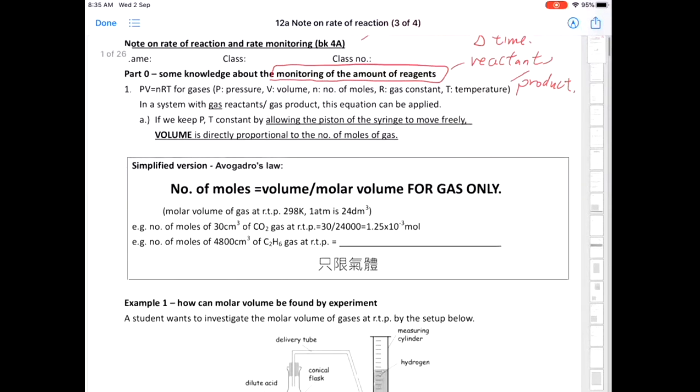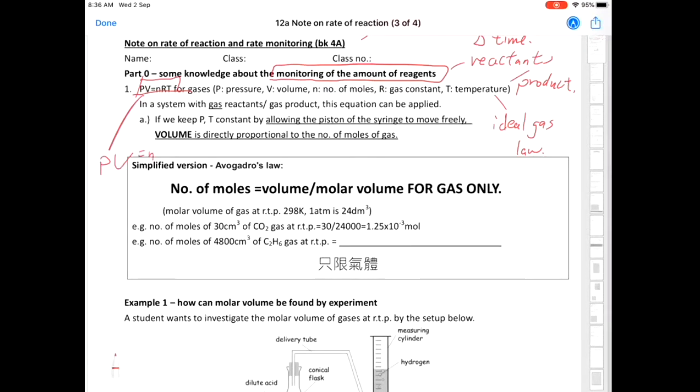But for the first two parameters that can reflect the amount of the reagent, we can apply PV equals nRT, and we call it the ideal gas law. It is applicable for all gas systems, but not for solid, not for liquid. So if you refer to this equation, we can do several things.